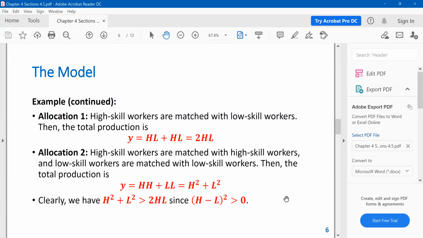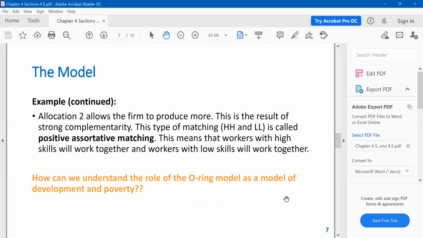Okay, that's the result of strong complementarity. So more technically, this is called positive assortative matching. Okay, workers with high skills will work together. Workers with low skills will work together.